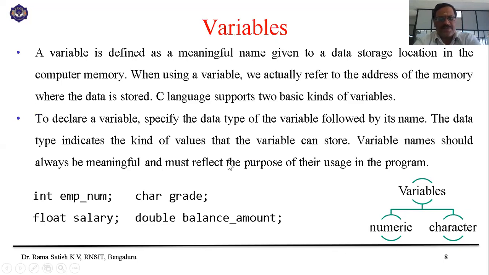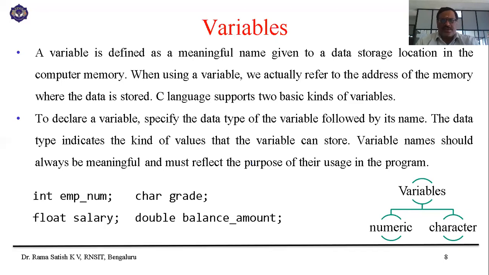variables. As you know, a variable is actually a name given to a set of data storage for the sake of storing some data, and it is used for execution.